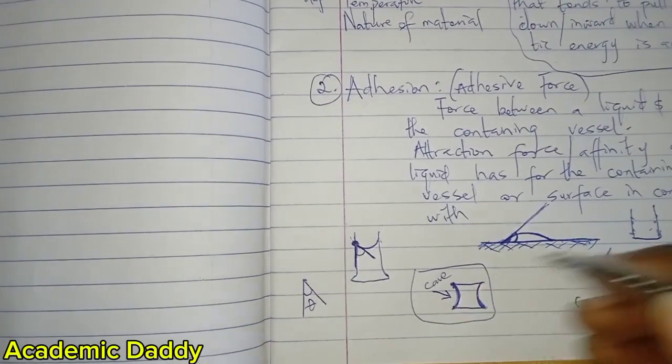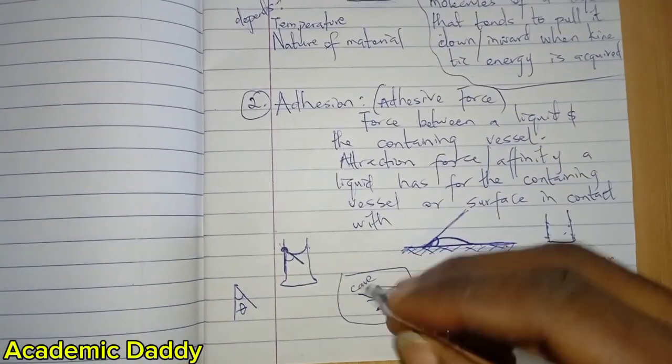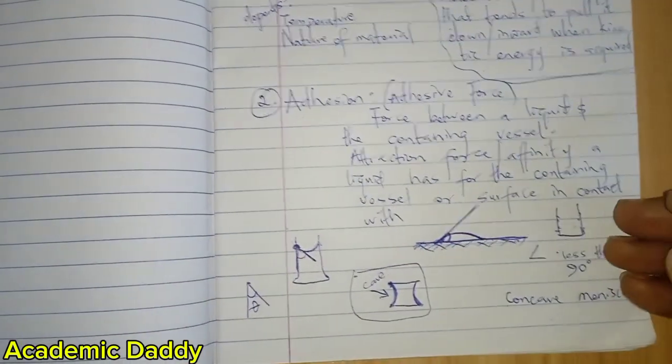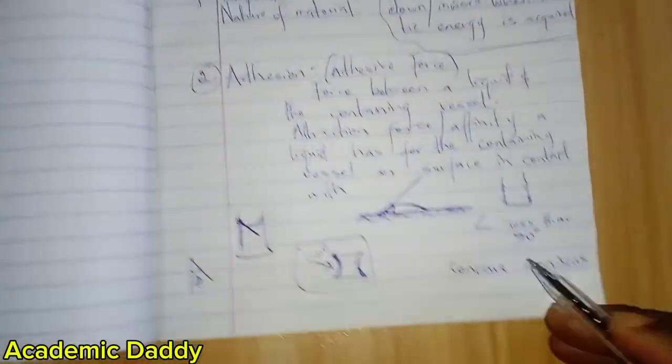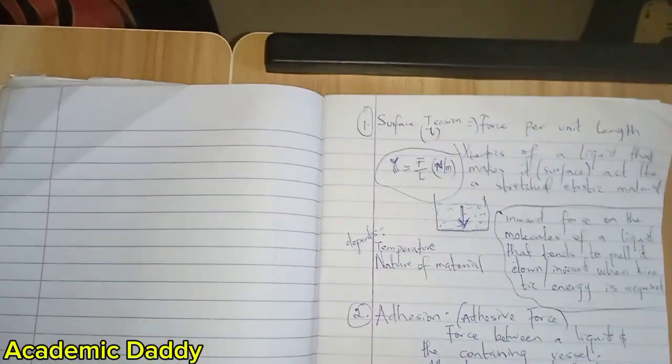If you remember when I treated this class lens, so that is all about. So concave, that is why you come and see this thing now up here, concave, and because it's on the top, concave meniscus. Now let's move to the next type of force.